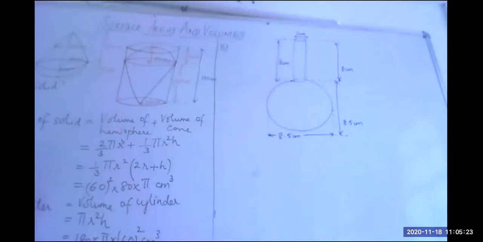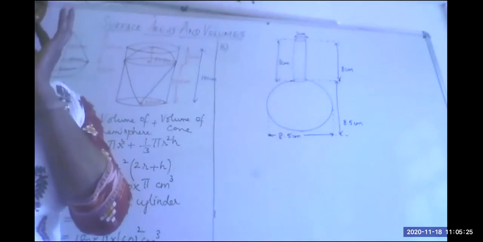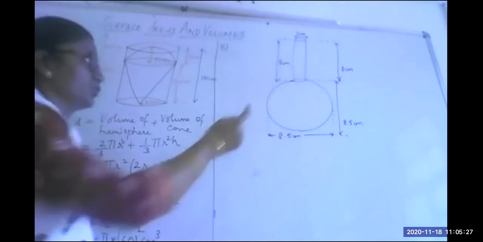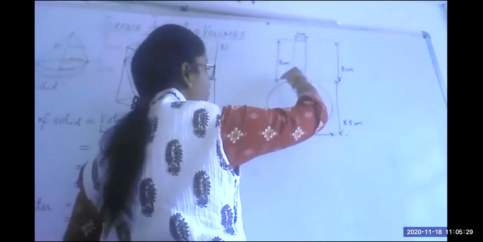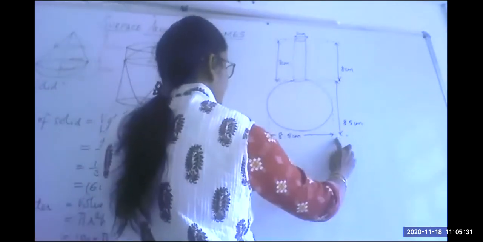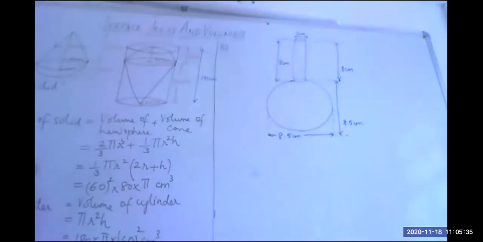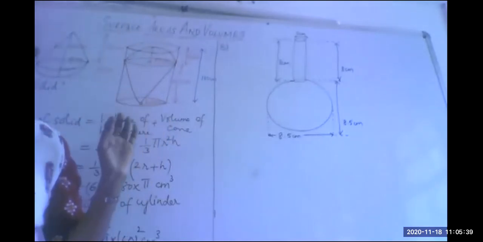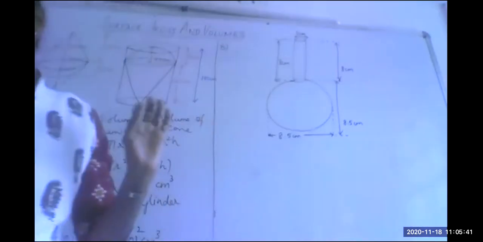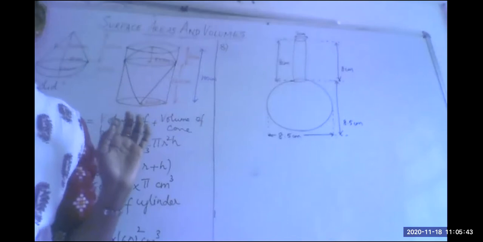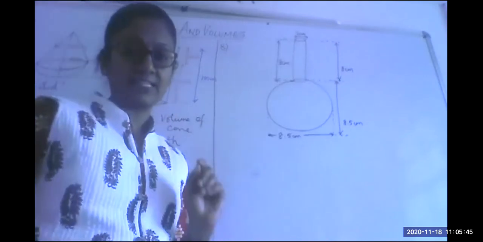This is given to me. Then the diameter of the hemispherical part, the second part in the form of a hemisphere, is given as 8.5 centimeters. By measuring the amount of water it holds, a child finds its volume as 345 centimeter cube.